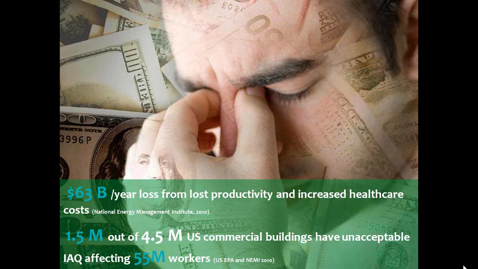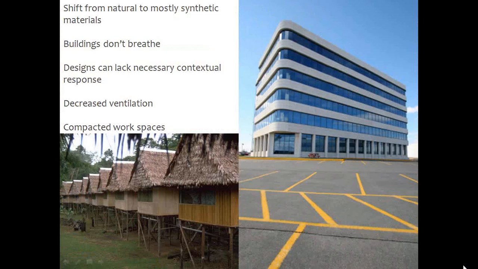Well, on our next slide, what we know as well is that a lot of this has happened because we've changed the way that we build our buildings. If you look there on the left of the screen, we've moved from natural, very primitive building materials to much more sophisticated, but unfortunately chemically charged building materials that we're finding out now are off-gassing and creating problems for us.